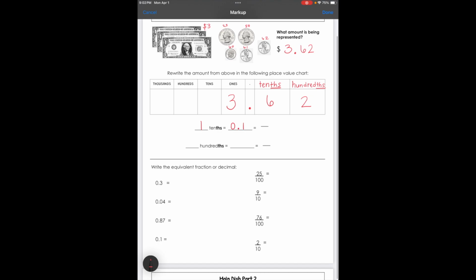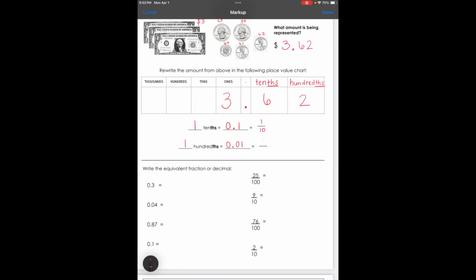So if I have 1/10 in decimal form, I have 1/10 in fraction form. For 1/100, it's going to look like 0 and 1/100. And again, I'm literally saying out loud the fraction as well. 1/100, 1/100.